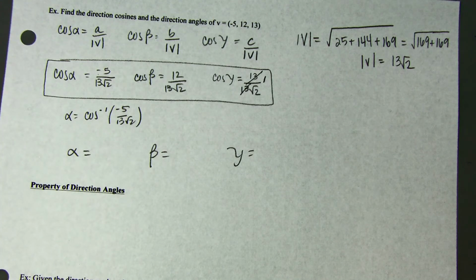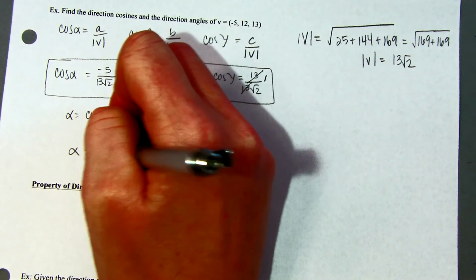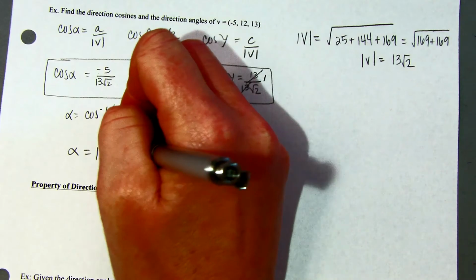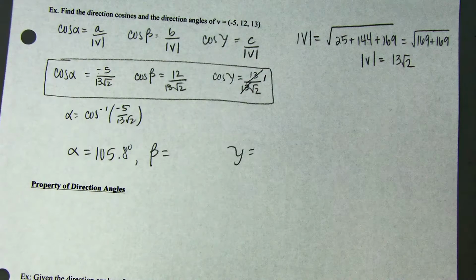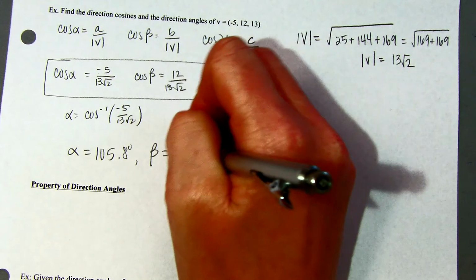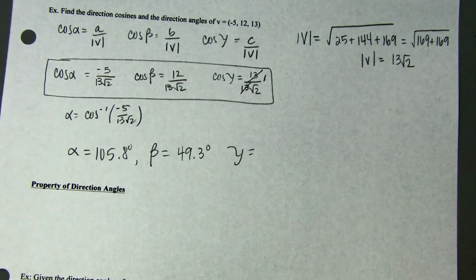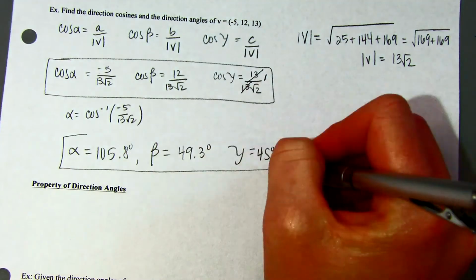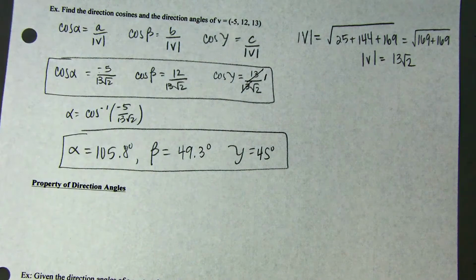What do you get for alpha? Nearest tenth? 105. Is it 0.8 or 0.7? 0.8. Beta? 49.3. And gamma? 45. And so these are your direction angles.